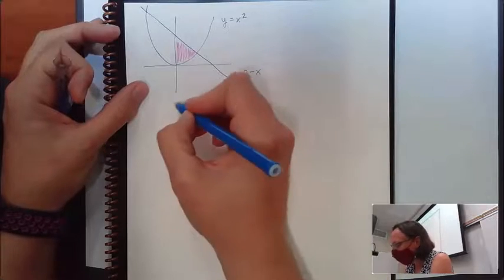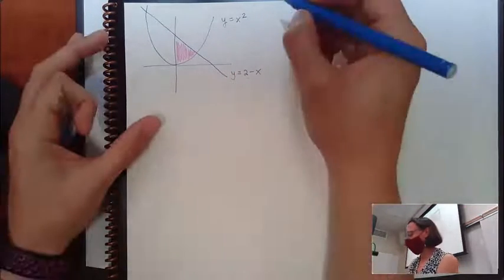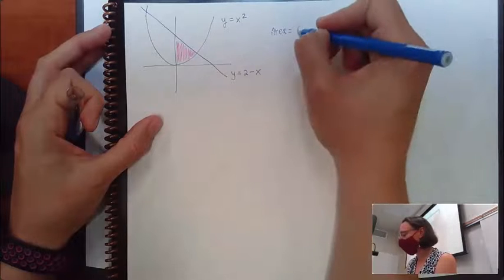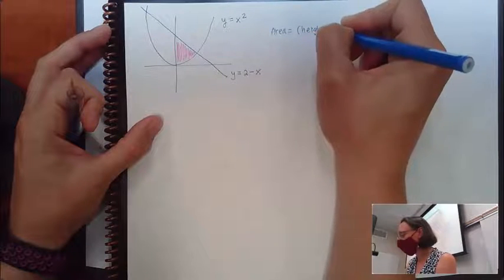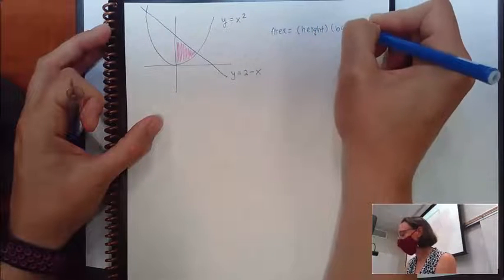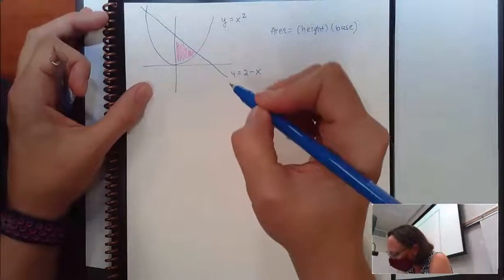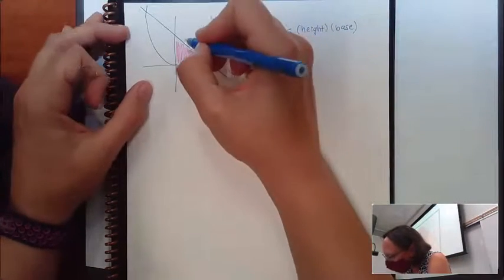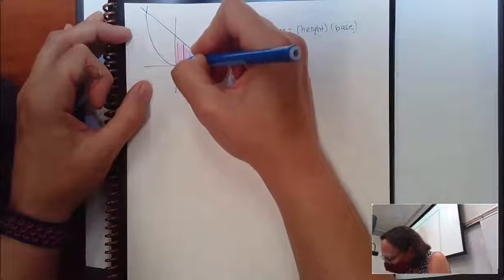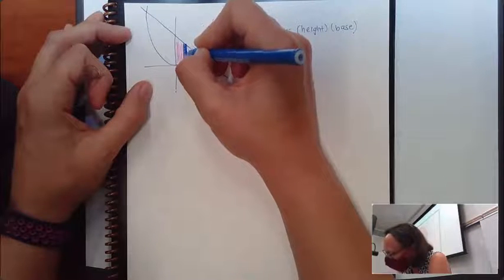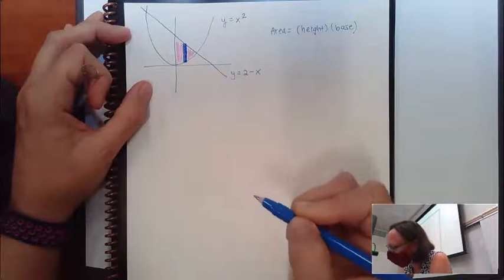So I'm going back to anytime calculus style, I'm thinking about area. I'm thinking about this as rectangles. I'm thinking about a height times a base. So if I draw in an arbitrary cross section right here, I've got some kind of a rectangle.